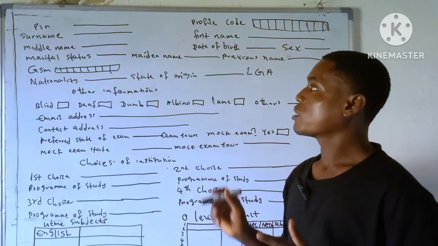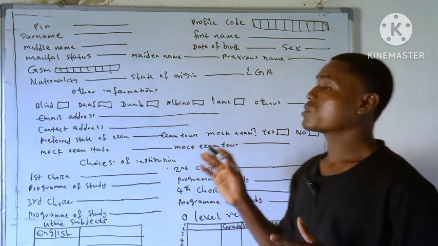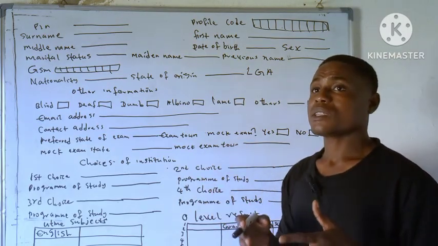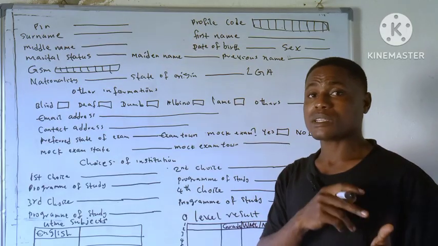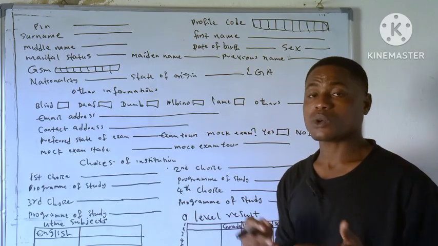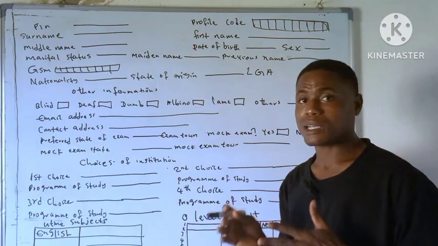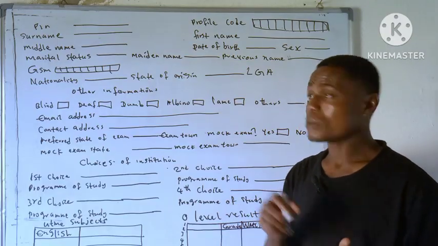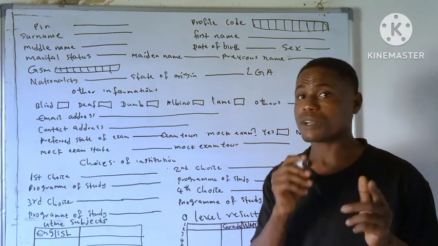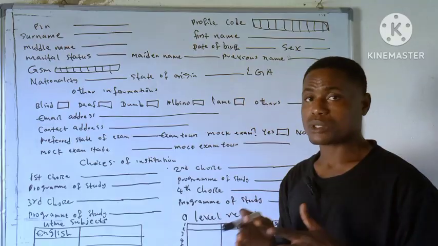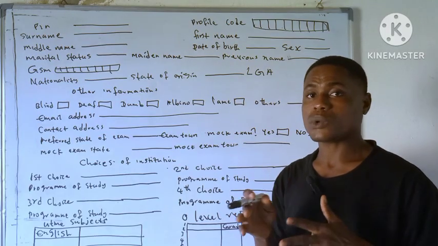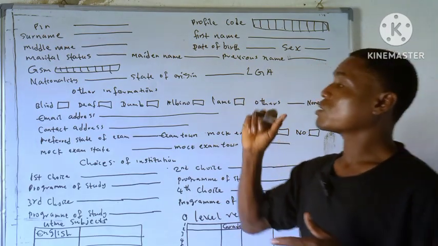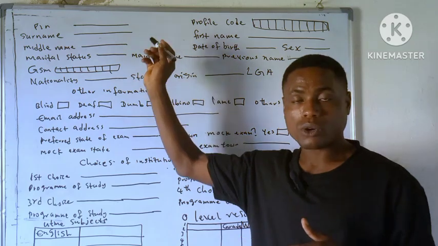Make sure the names you are putting are the same as the names in your documents, like your O-level results, either your WAEC or your NECO. If you are using John Cletus in your WAEC or NECO results, use John Cletus to fill your form.